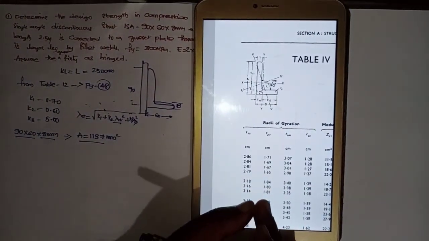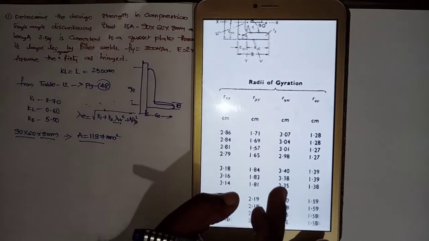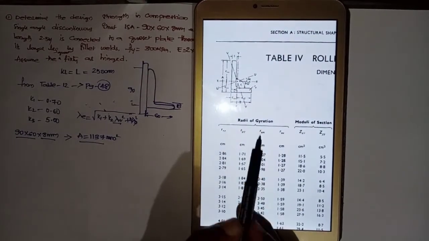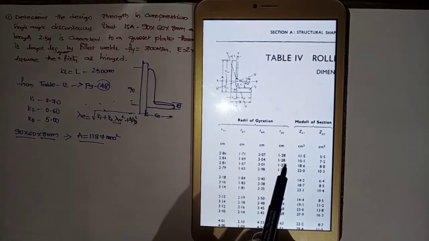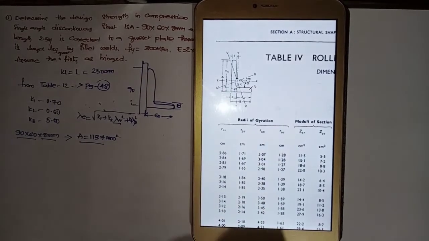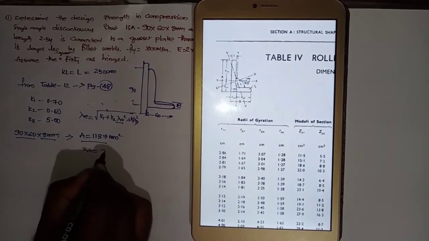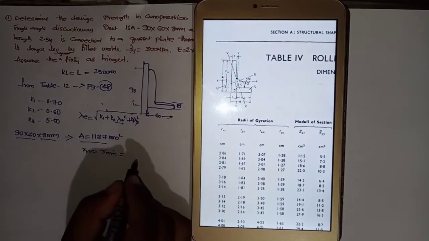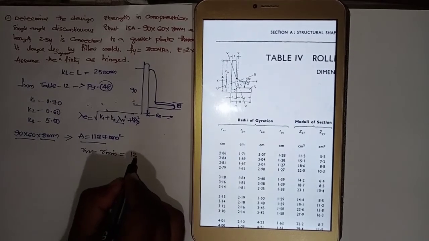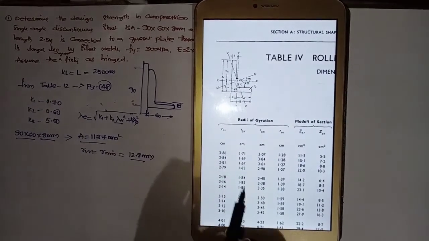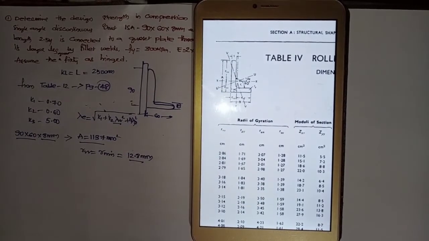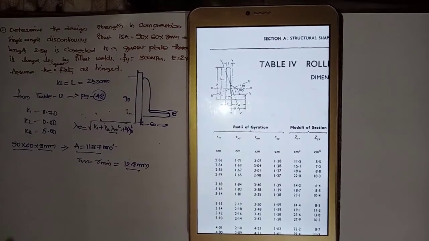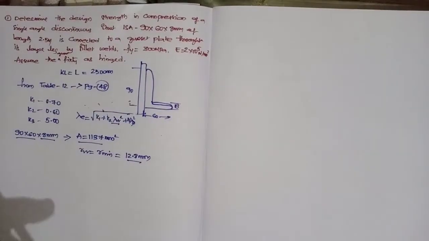Here you can see the radius of gyration, RXX, RYY, RVV. Now how much is RVV? 1.28 centimeters. I want it in mm, so RVV, that is R minimum, equals 12.8 mm. This is the minimum, right? Is anything else required? No.